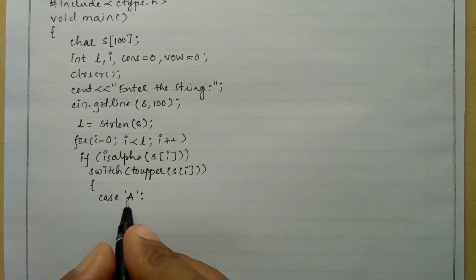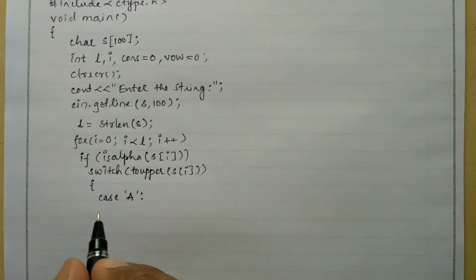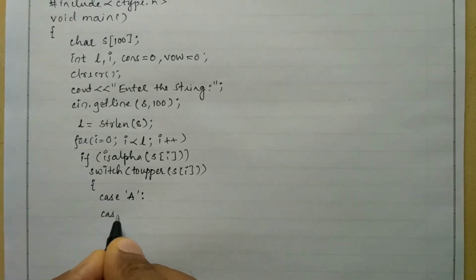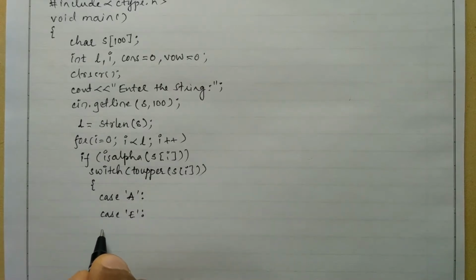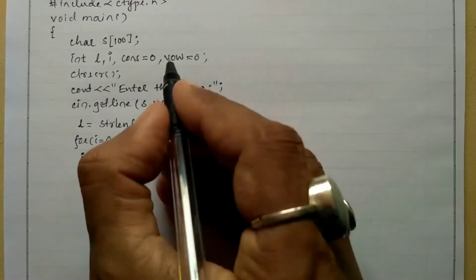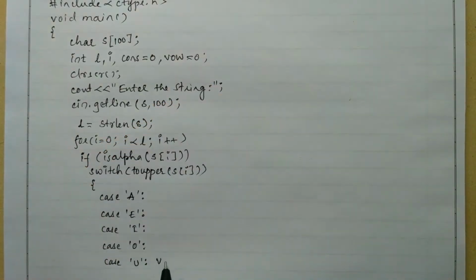Just now I said the vowels are A, E, I, O, U. So A I have written, next case E in single quotation marks, and then case I in single quotation marks colon, case O in a single pair of quotation marks colon, case capital U in a single pair of quotation marks and colon. So after A, E, I, O, U, the 5 letters, here we have used vowels is equal to 0.